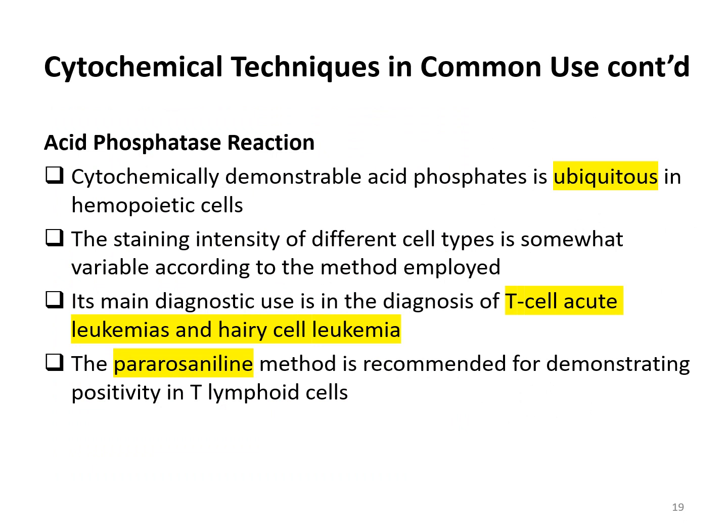Another cytochemical method is the acid phosphatase reaction. This is found in almost all cells, so it is ubiquitous, that means universally found. The staining intensity also varies depending on the method that is employed, so the color that you may see is also variable depending on the method that is used.